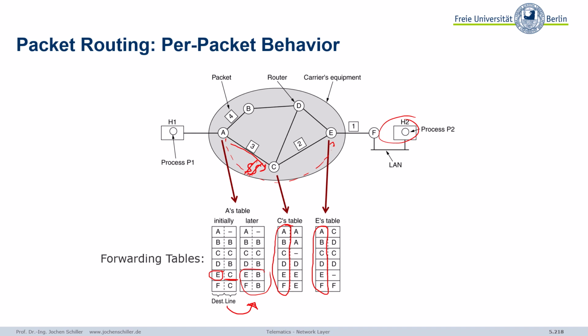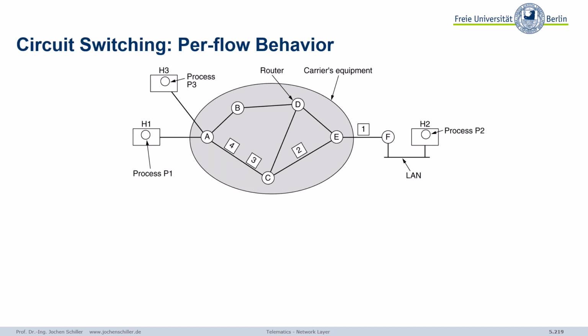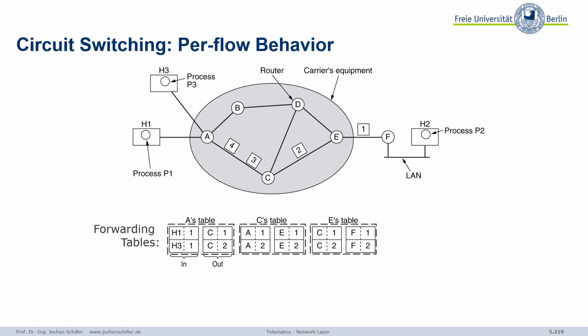So if we go for circuit switching, it looks a bit different. In circuit switching, we set up flows, or virtual circuits, or connections, different names with slightly different meaning, but that's not the important part here. So for per-flow behavior, we also have certain forwarding tables.